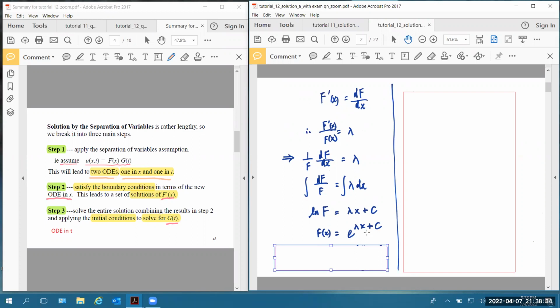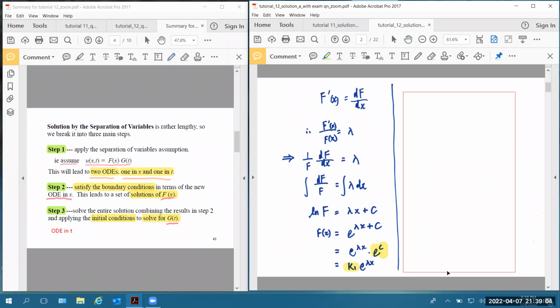And here, c is an arbitrary constant, so I get e to the power of c, right? Maybe I can call it another name. So this e to the power of c, actually I call it k1. Yeah, so that's what it is.